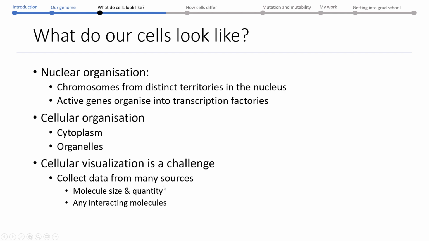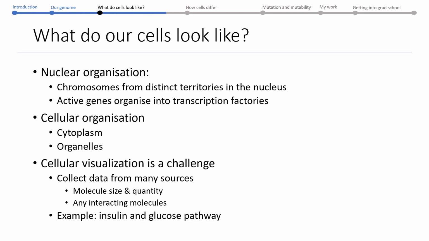That's fine if you're only dealing with maybe 2 or 3 molecules, but there can be thousands and thousands of molecules in the cytoplasm. And so it becomes very difficult to bring all this information together, especially when the size of a molecule and maybe all the molecules it interacts with come from different papers. And so combining all this information is very difficult.